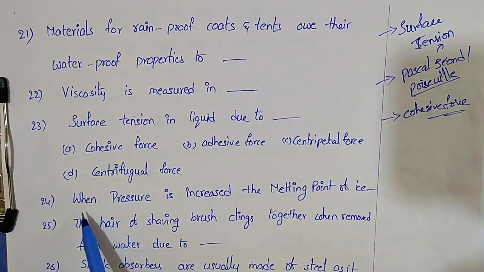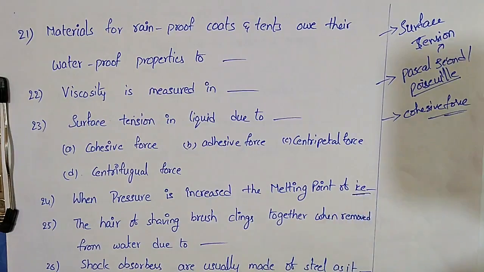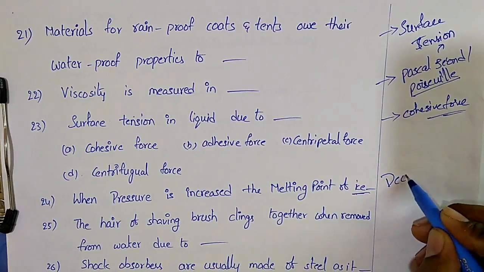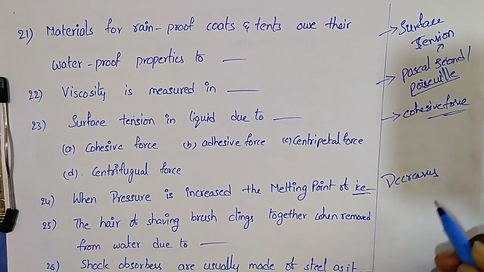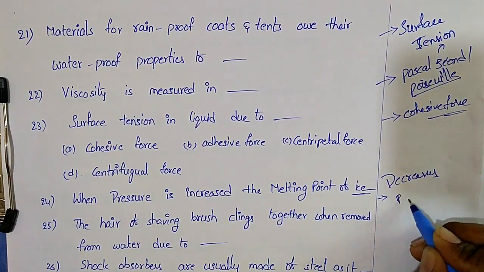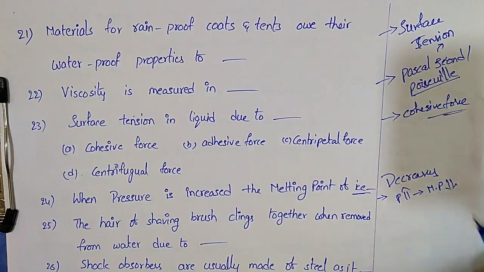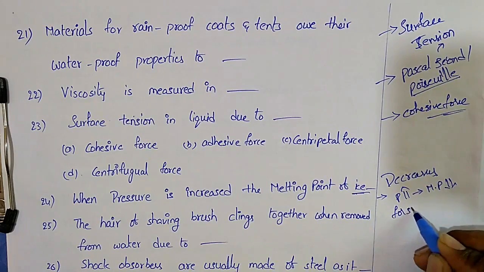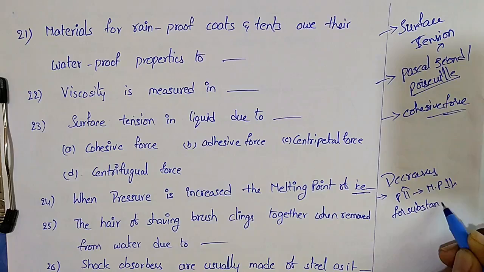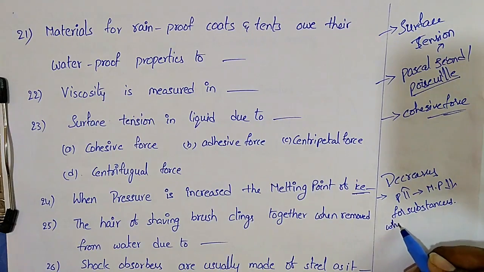And the next one, when pressure is increased, the melting point of ice is dash. The melting point of ice is nothing but decreases. We know that in the concept, as pressure increases, the melting point will decrease for the substances which contract on fusion.